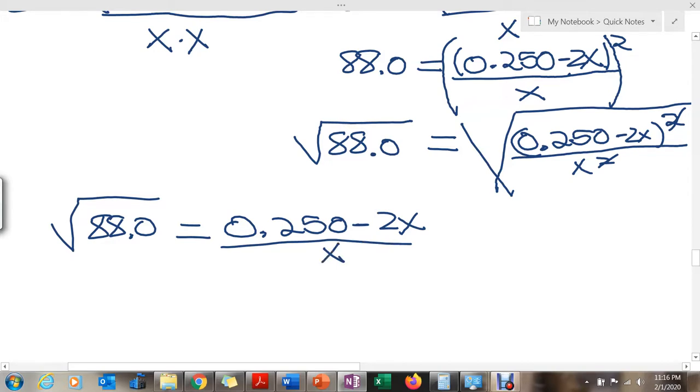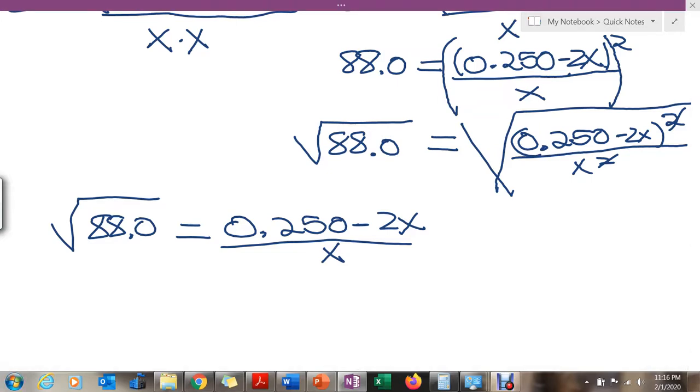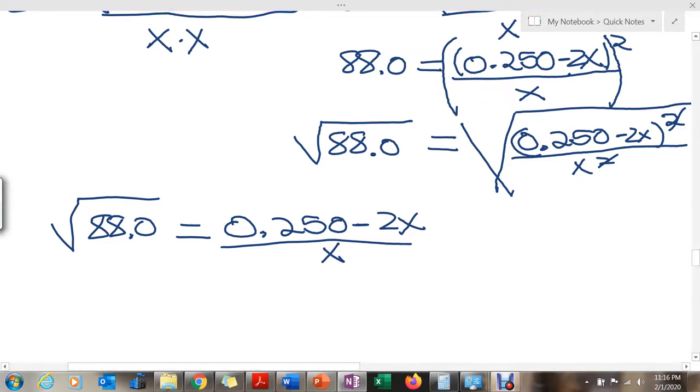The square root of 88.0 is going to be 9.381.